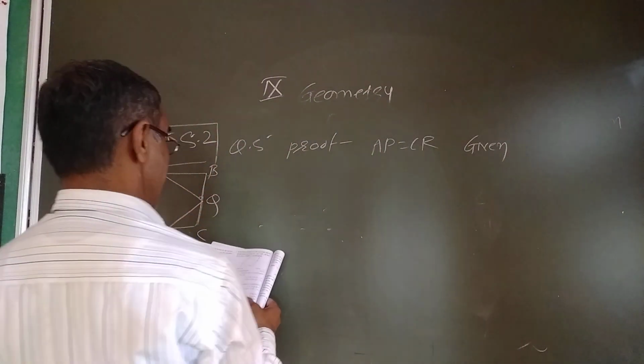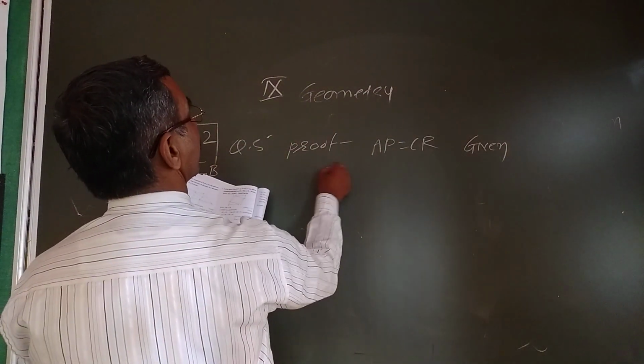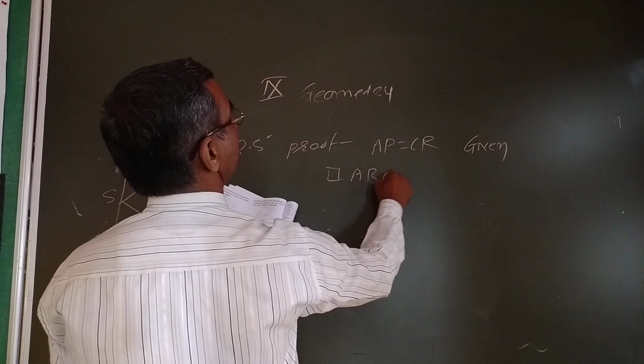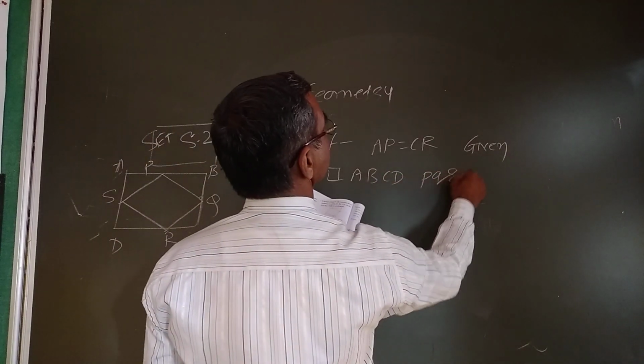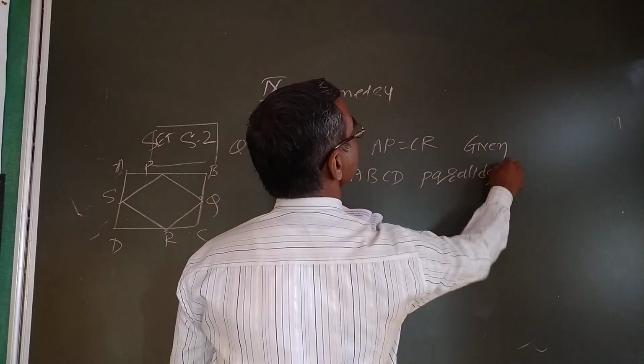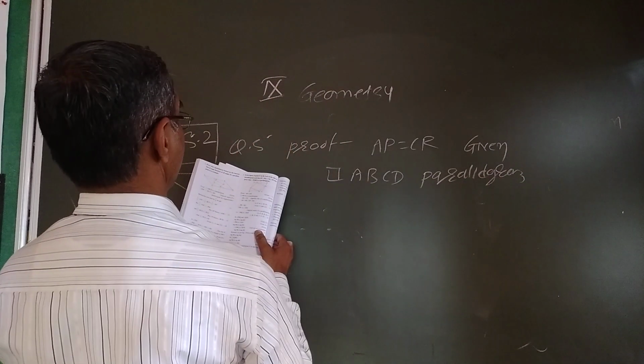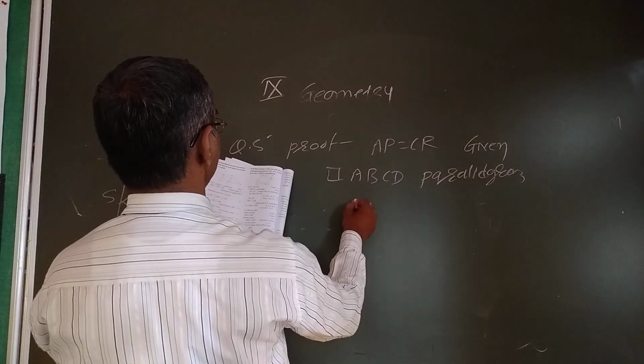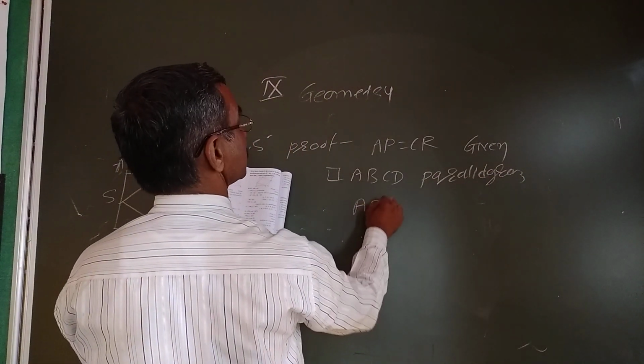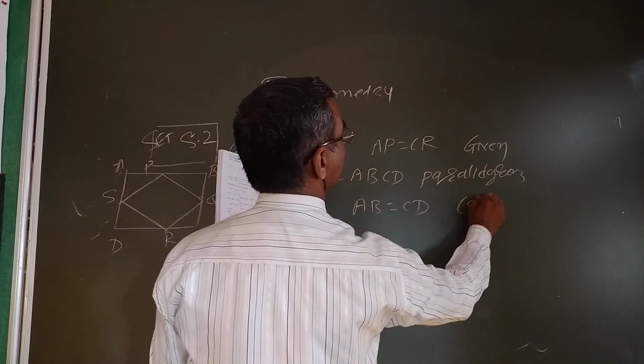So we can say that in parallelogram ABCD, AB is equal to CD because they are opposite sides.